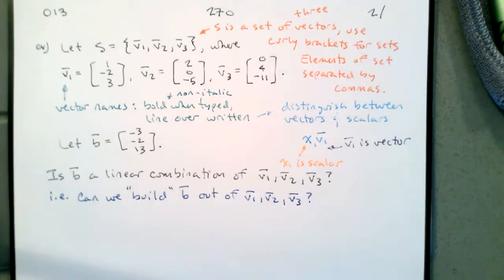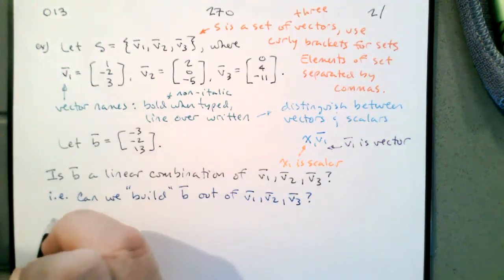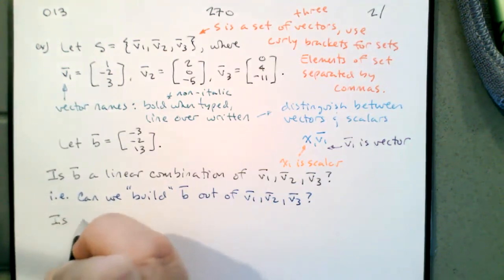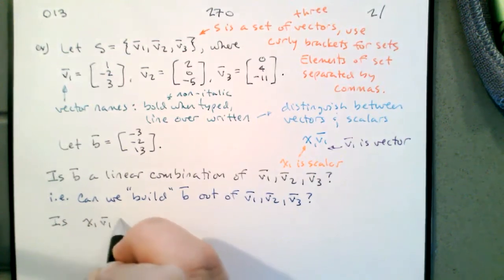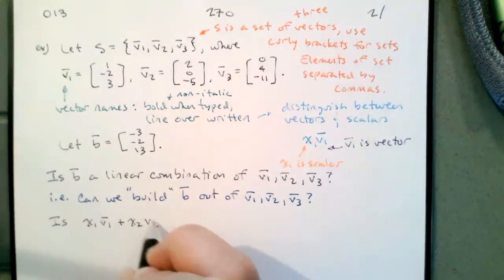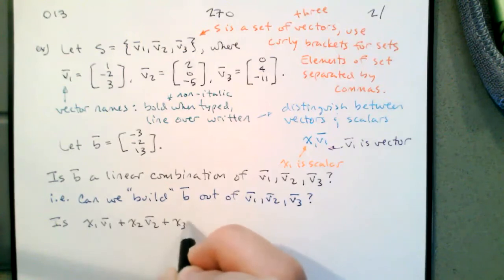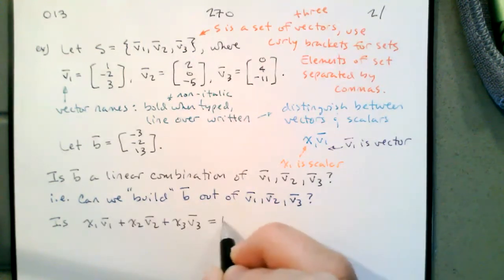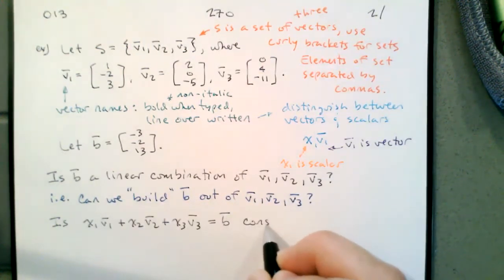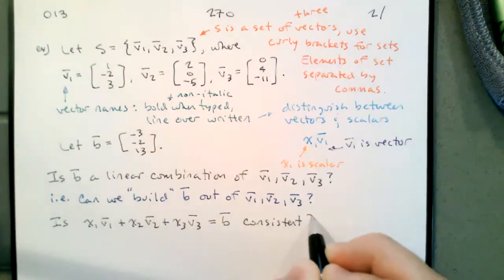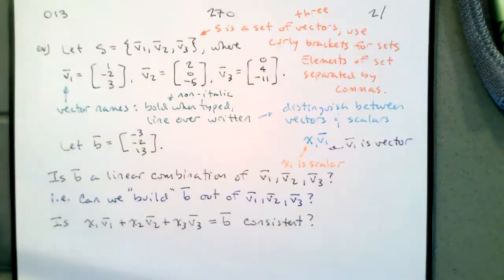This is equivalent to asking the question, is the vector equation x1 v1 plus x2 v2 plus x3 v3 equals B consistent? Is there some combination of x1, x2, and x3 that will make this a consistent equation?